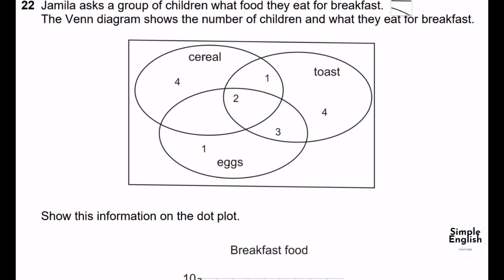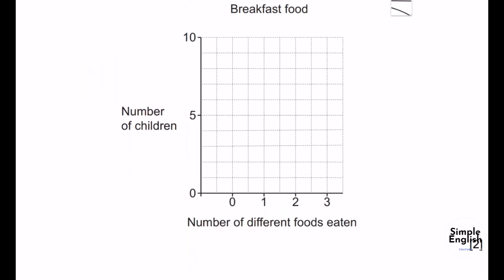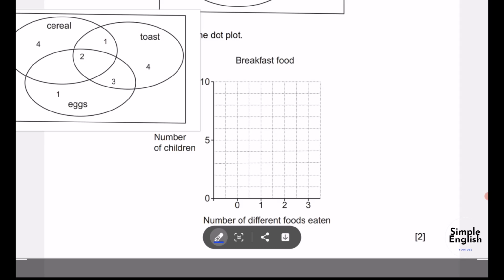22. Jamila asked a group of children what food they eat for breakfast. The Venn diagram shows the number of children and what they eat for breakfast. We have cereal, toast, and eggs. Show this information on the dot plot. Okay, look at the graph. We have no 0, right?